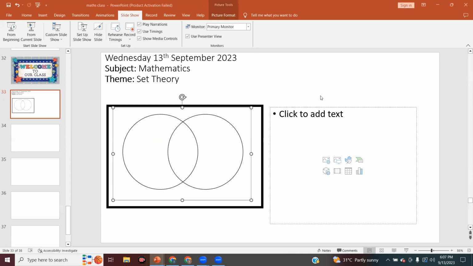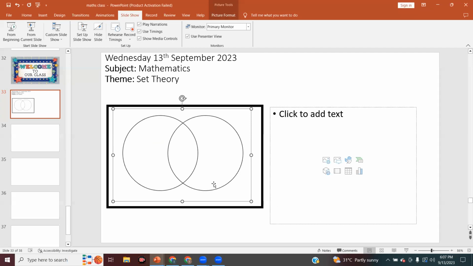Please construct this and make sure it is properly written, and by properly written, I mean that it is neat. That's very important.